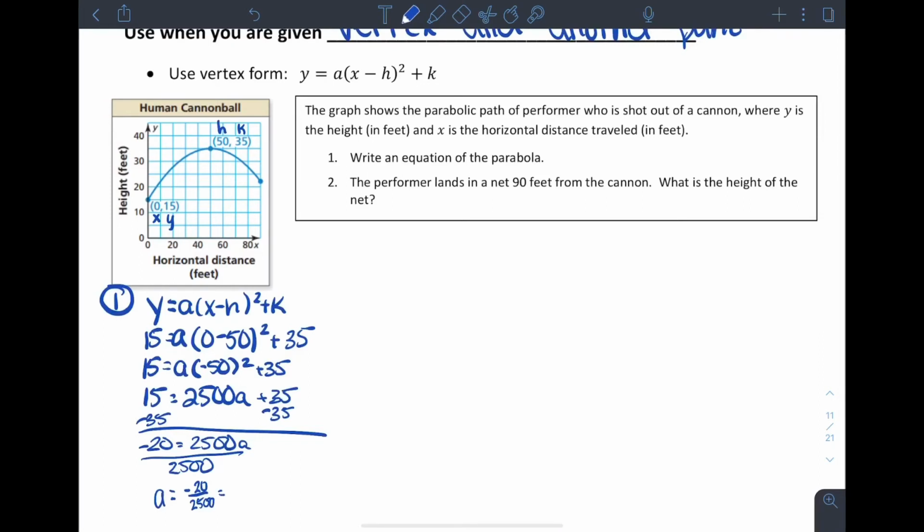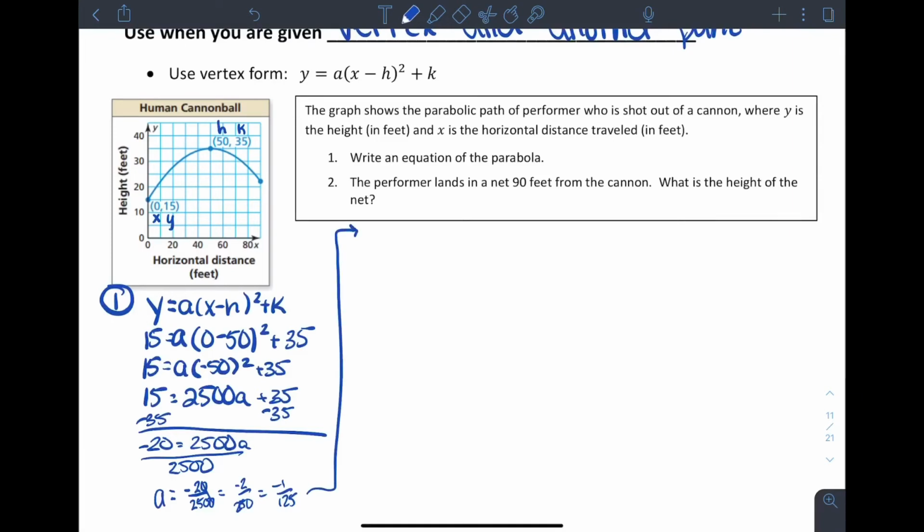And we should be able to simplify that, the zeros. And then I have negative 2 over 250. So that's negative 1 over 125. You could express that as a decimal, but we're just going to leave it like that.